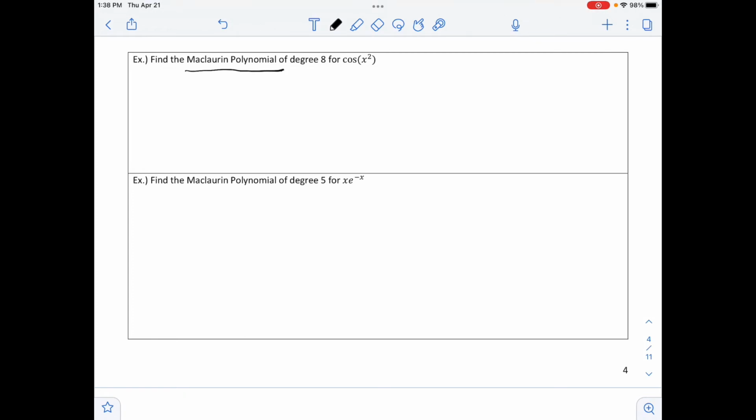And so we know that cosine of x from the table up above is equal to the sum from n equals 0 to infinity of negative 1 to the nth power times x to the 2n all over 2n factorial. So then for the problem, which for us is cosine of x squared, we're going to have the sum from n equals 0 to infinity of negative 1 to the nth, and then instead of an x, we actually have an x squared.